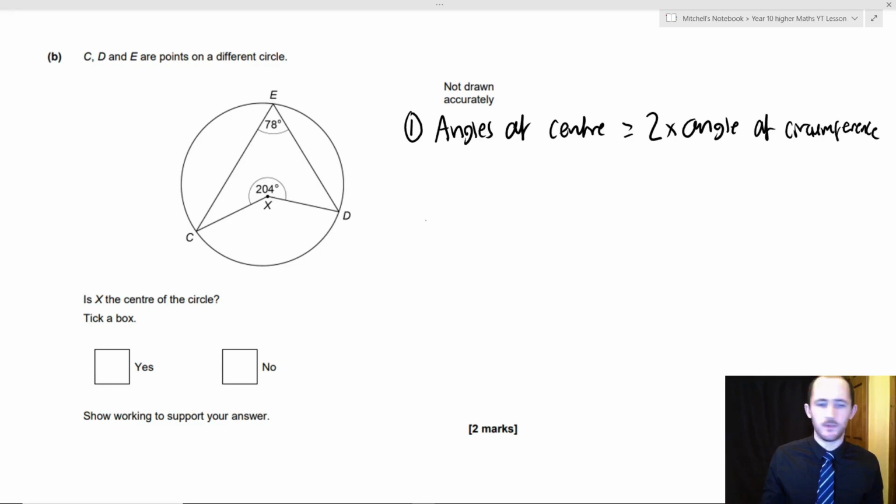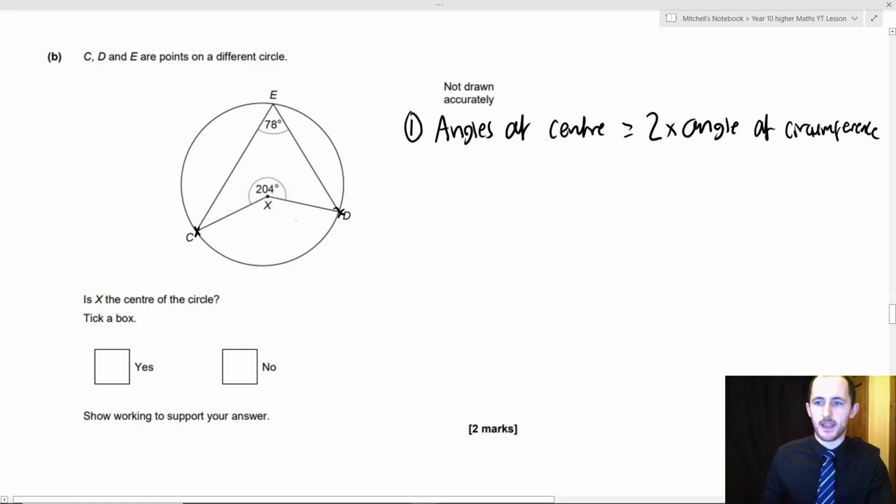Since we have some new faces today, just to go through that, this only applies when the angles are made from the same points on the circumference. Can you see that the angle X and the angle 78 are both made up from lines from C and D, okay? That's why we can apply this. If this angle is at the centre, then it should be twice 78. Well, let's have a look.